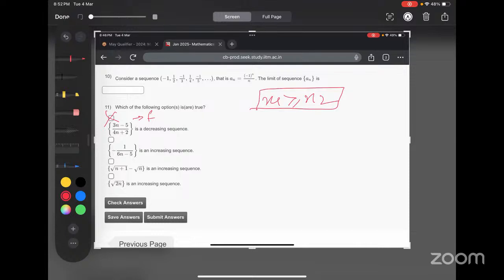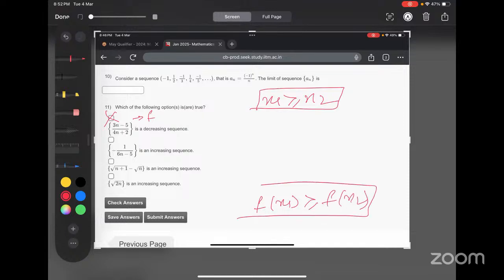Similarly, we will go, okay? x1 is greater than or equal to x2 means 6x1 will be greater than or equal to 6x2. And increasing means x1 should be less than x2, no? No, increasing means you should get f of x1 greater than or equal to f of x2.